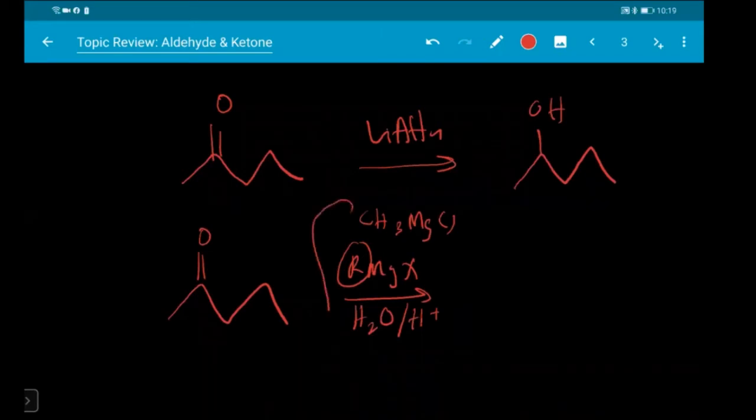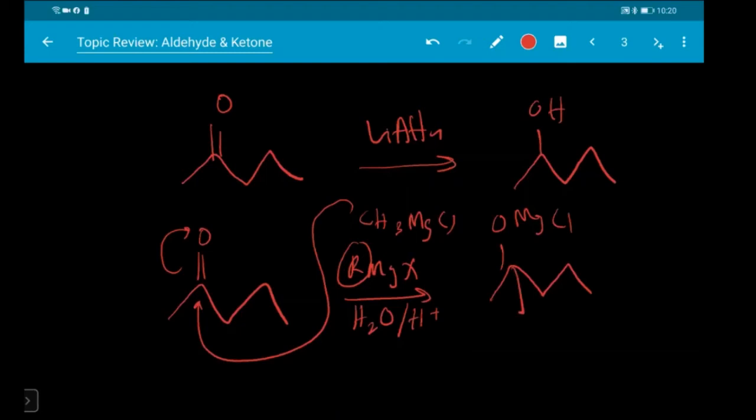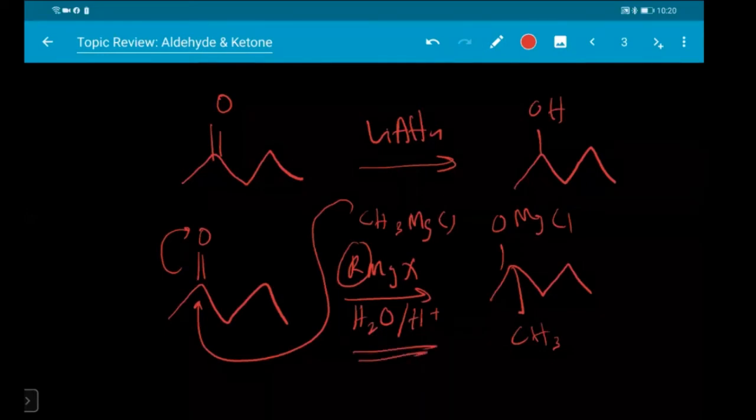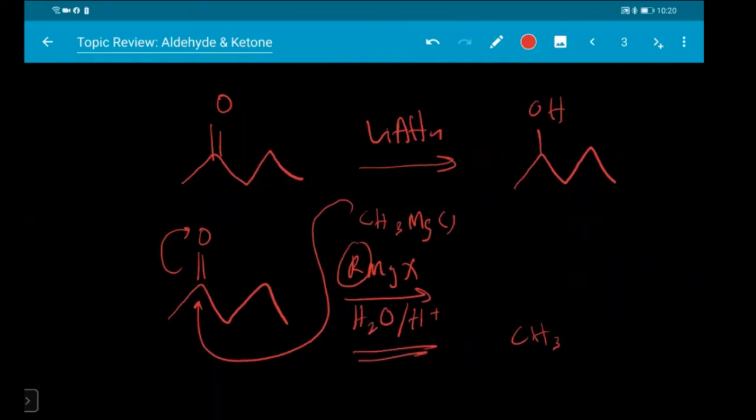Jadi, dia akan serang double bond ni, akan pergi ke oksigen. So, dia akan jadi O MgCl. Kat sini ada CH3 tadi. Bila kita tambah pula acidified water, MgCl ni akan jadi... okay, sekali lagi.